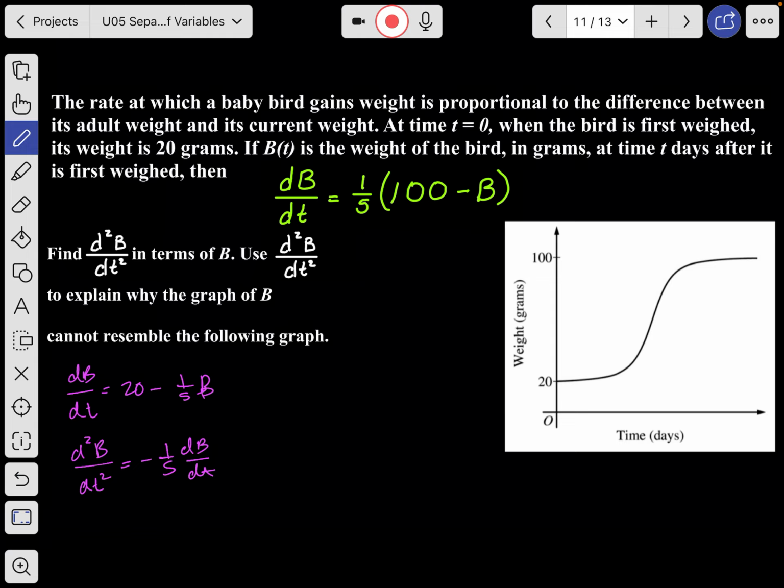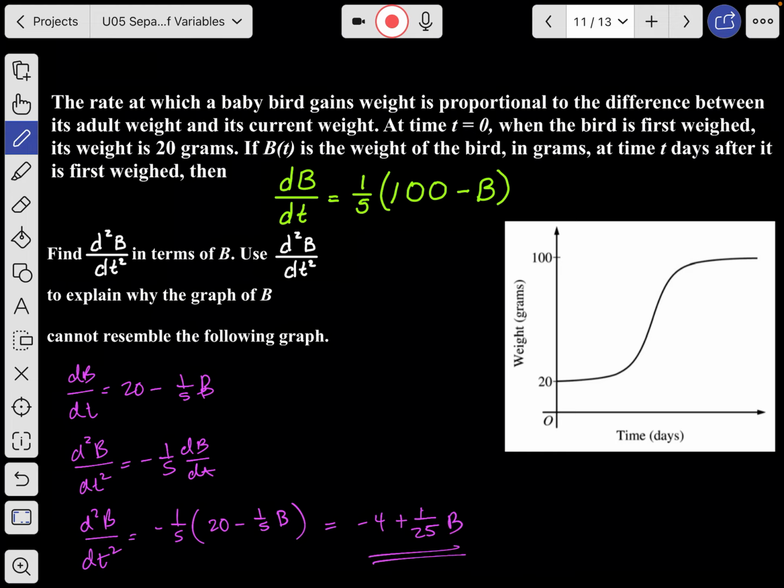And so we can't leave a differential equation in terms of a derivative, so I need to substitute in what dB/dt is. So d squared B over dt squared is equal to negative 1/5 times 1/5 (100 minus B). So how about just 20 minus 1/5 B? So then this is equal to negative 4 plus, what is this, 1/25 B?